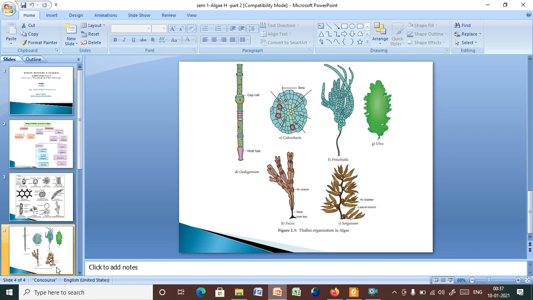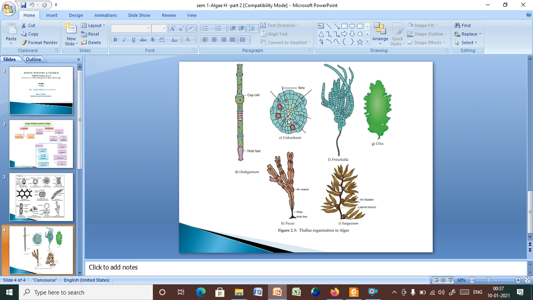So this type is explained by some advanced type of thallus like Coleochaete. These spike-like structures are known as seta or setae, and these reddish colored structures are reproductive structures. They form patch-like structures.